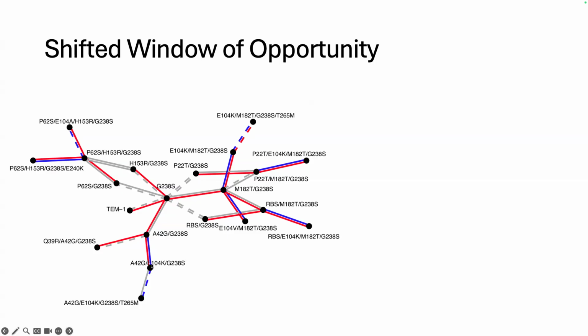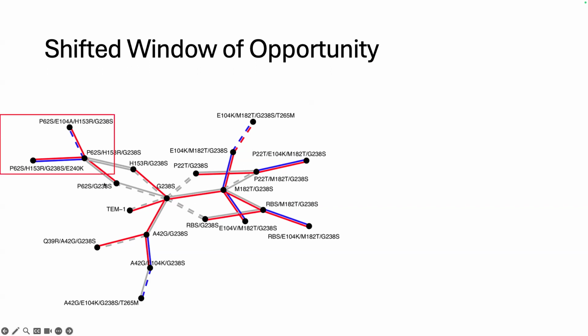Significant effect, just for the key, is shown in color in all of these cases, dashed being a significant deleterious effect, solid being a significant beneficial effect, and then non-colored dashed is non-significant deleterious, and non-colored solid is non-significant beneficial. And to visualize what's going on here, we know that G238S is beneficial to both of these species, but the specific environment seems to be differing between them.